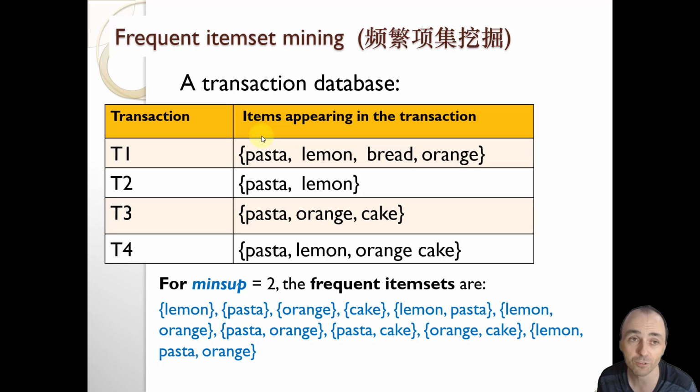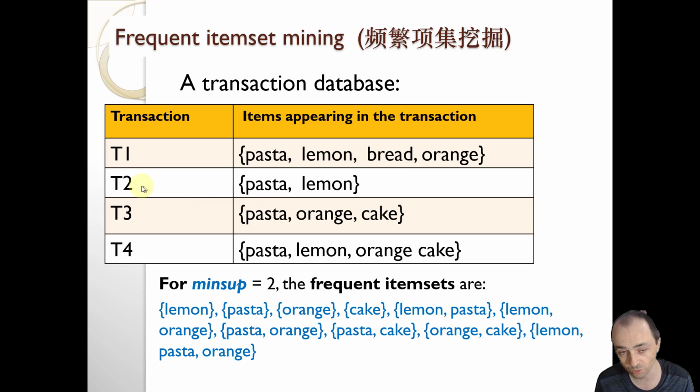So here we have a transaction database. It is a set of records or lines that we call transactions. Here we have 4 transactions, T1 to T4, and each transaction is a set of items, like pasta, lemon, bread, orange. That means some customer has bought these items together.